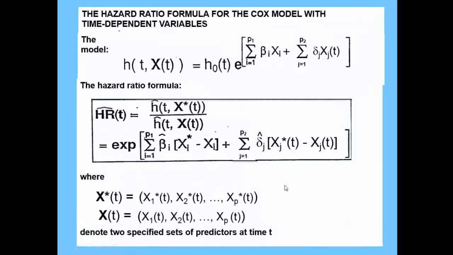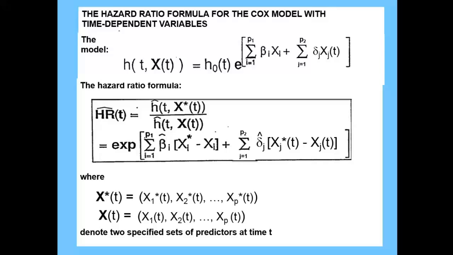Now let's talk about the hazard ratio formula. How do you get a hazard ratio for this model? You get the hazard for one person and divide it by the hazard for another person. That's what we did with the Cox proportional hazards model.